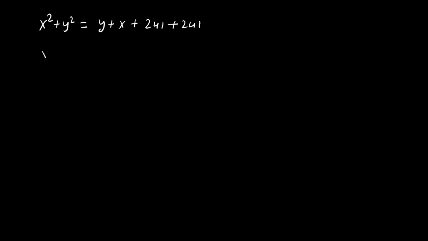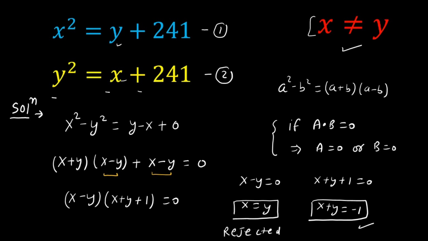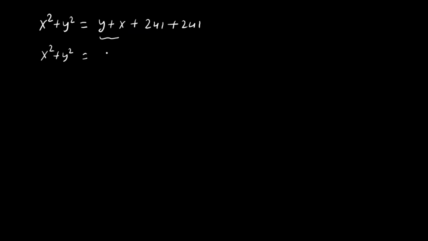So x² plus y² equals the value of y plus x, which is the same as x plus y, and x plus y is negative 1. So replacing x plus y by negative 1, we get negative 1 plus 241 plus 241, that is 482 minus 1. So x² plus y² = 481.